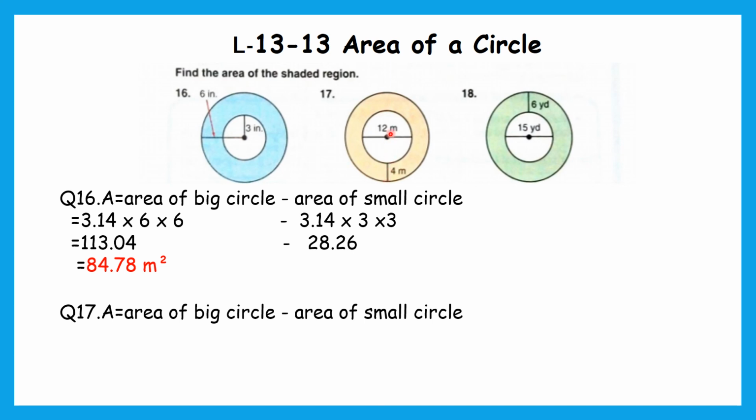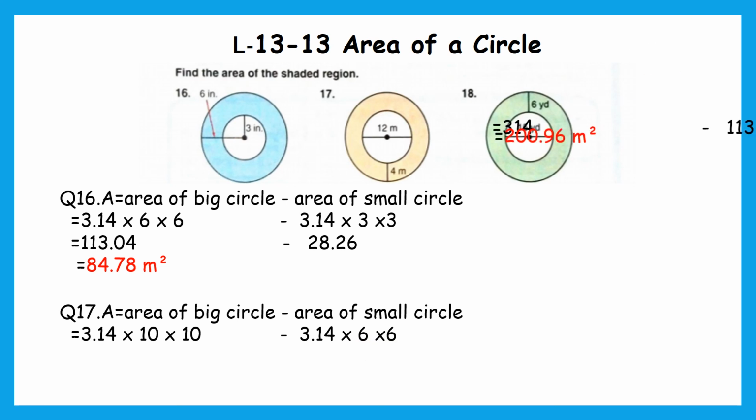From here to here is 6, and for the bigger one it is 10, because from here to here is 6 plus 4. Altogether the radius of the bigger circle is 10 and the radius of the smaller circle is 6.